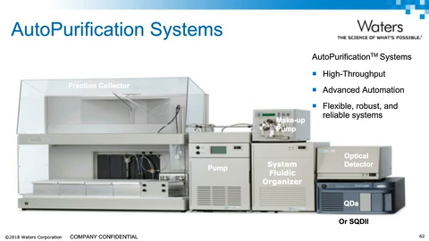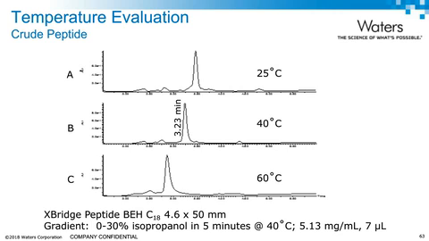I started my crude peptide isolation with a temperature evaluation at the small scale, and this particular peptide was extremely hydrophilic, and I determined that 40 degrees was the best temperature for this separation.